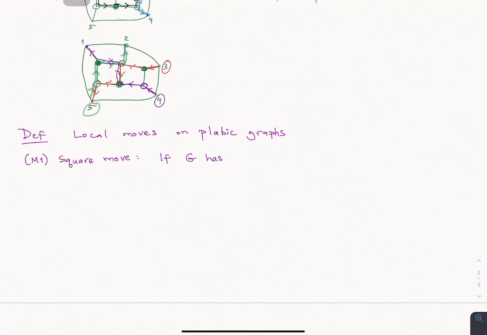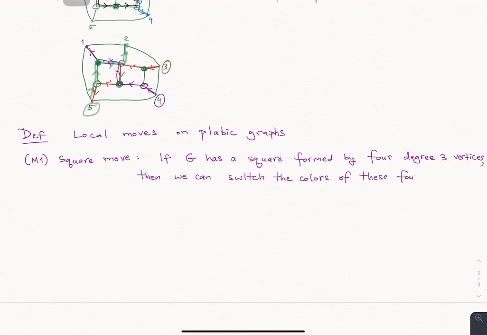If G has a square formed by 4 degree 3 vertices, then we can change G by switching the colors of these 4 vertices to the opposite colors.